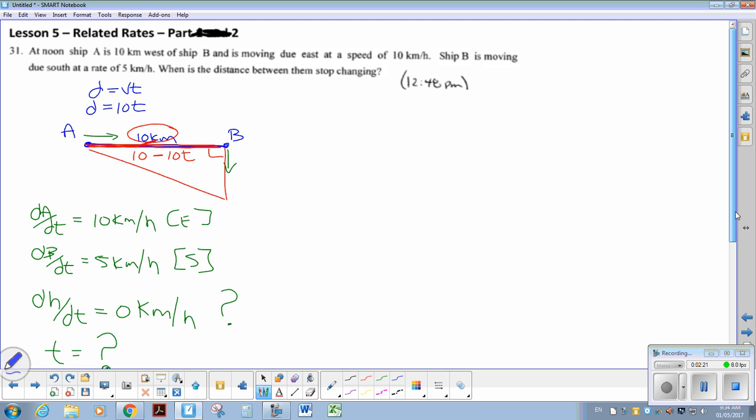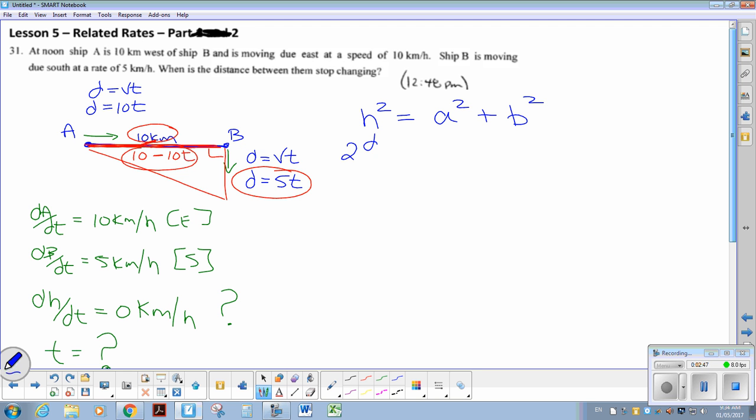On the other axis, dB by dt, d equals vt, we know that the boat here traveled 5 kilometers in that time. So there are the distances that we are going to use inside of the Pythagorean identity, because the Pythagorean identity is measuring lengths of sides of a triangle.